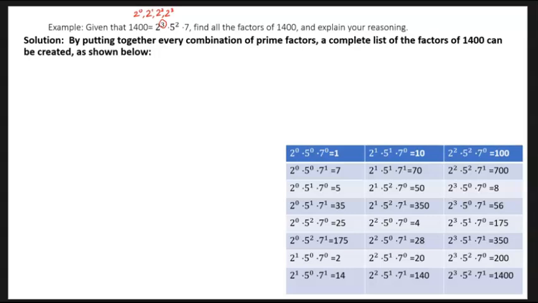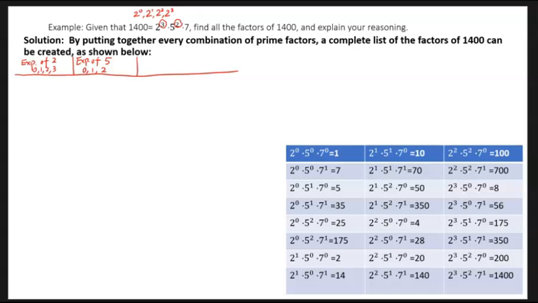So the exponent of 2 can only be either 0, or 1, or 2, or 3. Similarly, we can see that the exponent of 5 can be 0, which means we don't take any copy of 5, 1 copy of 5, or 2 copies of 5.